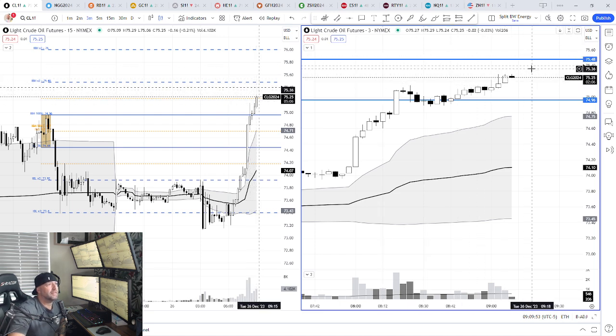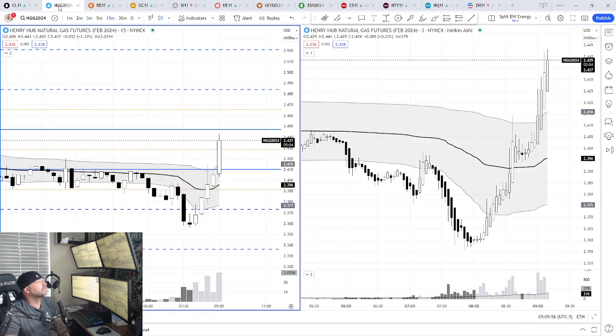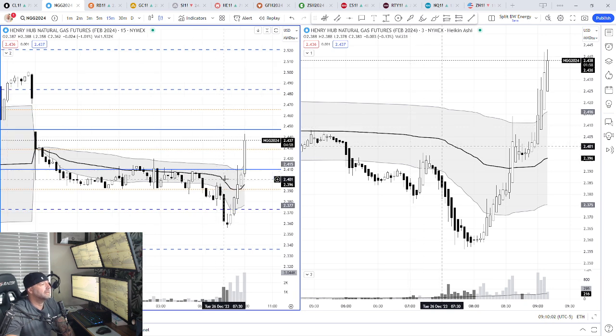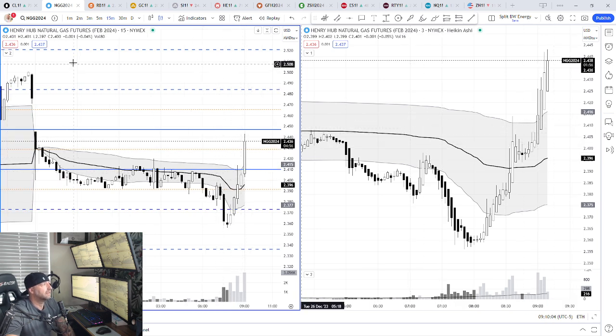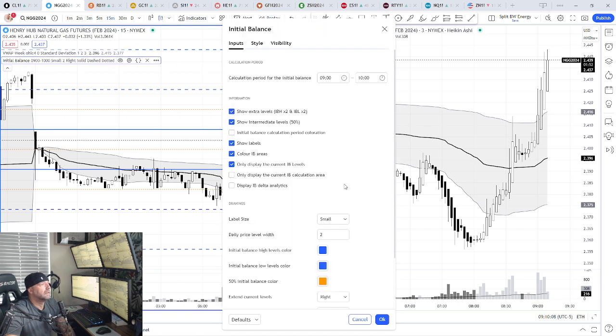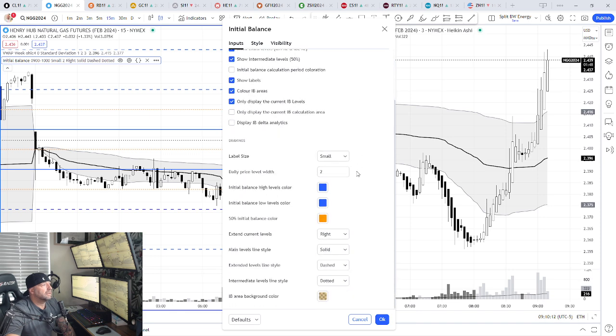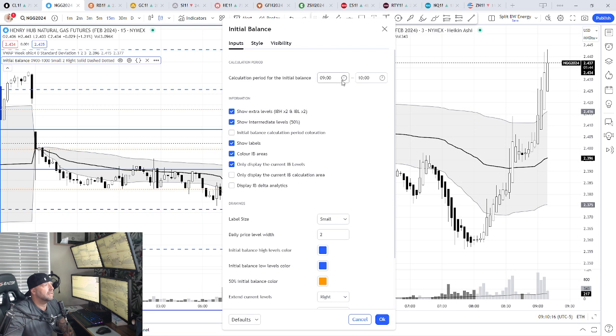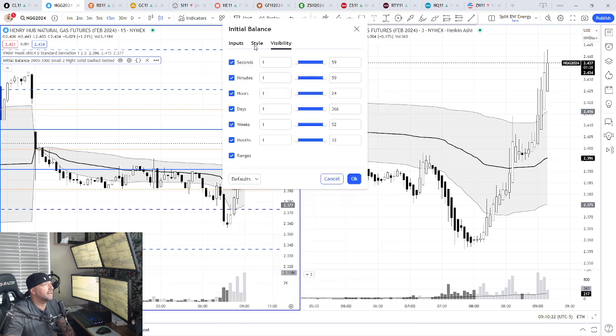All right, we're going to wait for this to push higher. Natural gas also approaching initial balance high from Friday. I'm trying to figure out what's going on with this indicator. You know, it should be resetting now.